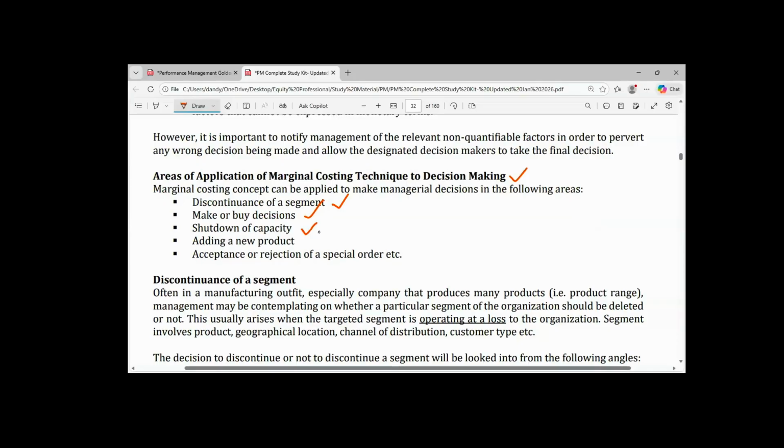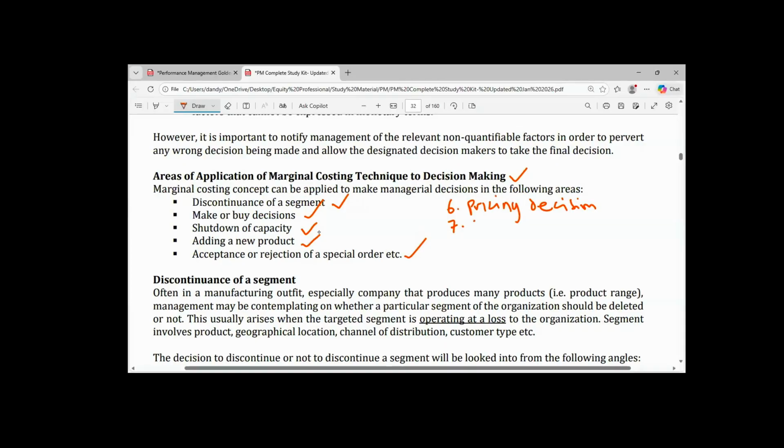Number four, adding of a new product. Number five, special order. Number six, pricing decision.